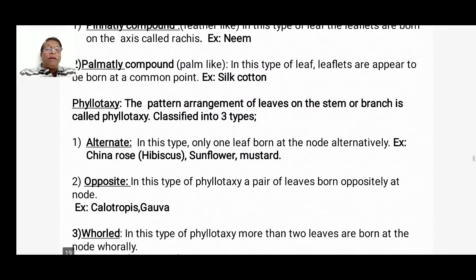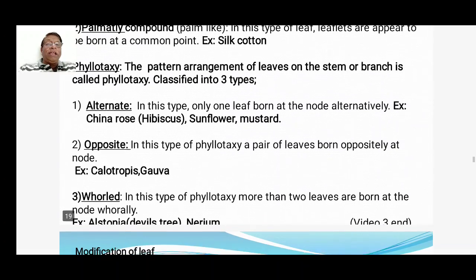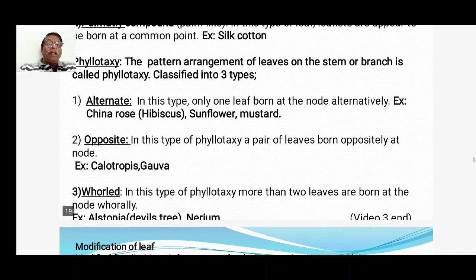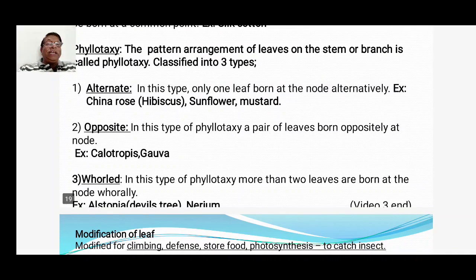Then another most important thing is for the examination, phyllotaxy. See the diagram, definitely given in the examination.